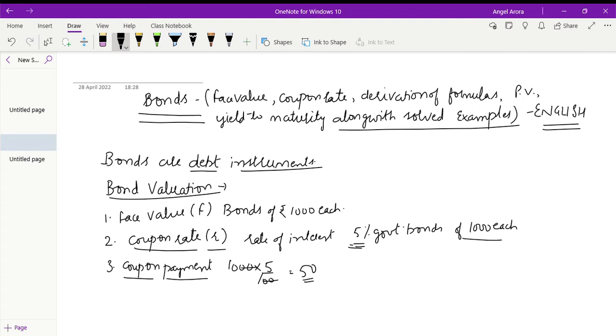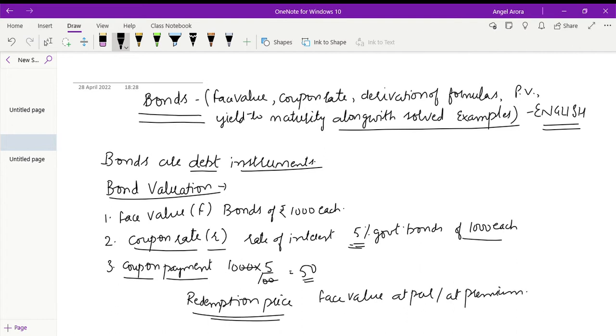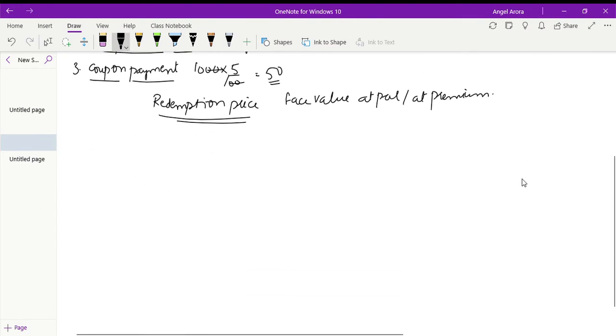So the bond holder will get coupon payment at regular intervals, and at the maturity date of the bond he will get the redemption price. This redemption price can be face value of the bond, at par, or at premium. So these are the cash flows for the bondholder: coupon payment and redemption price.